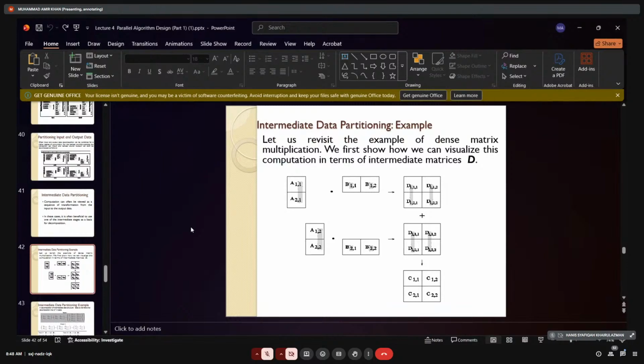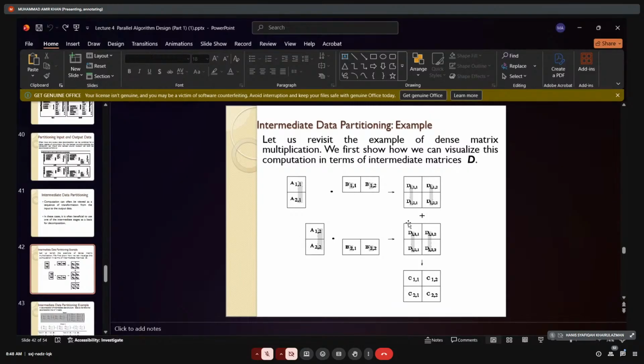Let us revisit the example of dense matrix multiplication. We first show how we can visualize this computation in terms of intermediate matrices. For example, if we use this row and multiply with this column, B11, B12, we can get any of the values of matrix T. And for example, we can multiply A12, A22 with the second row, first column, first row, second column.